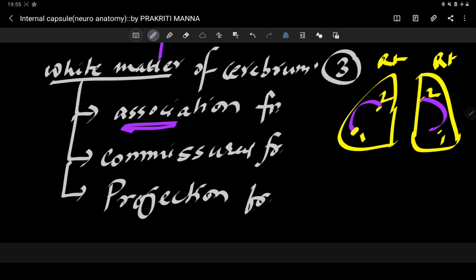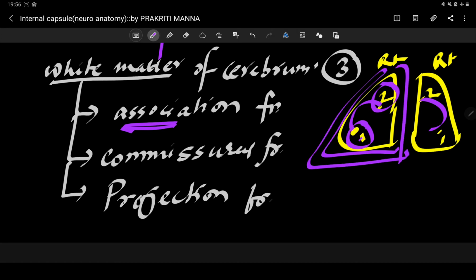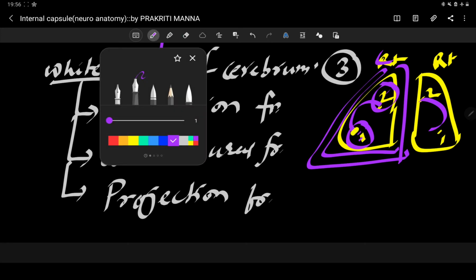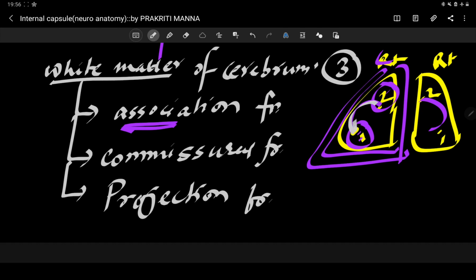Let's imagine for the left cerebral hemisphere, area 1 and 2 are connected with each other via these white fibers. They are called association fibers.